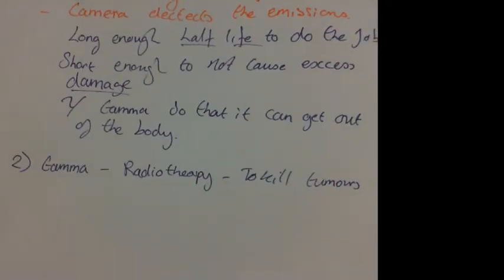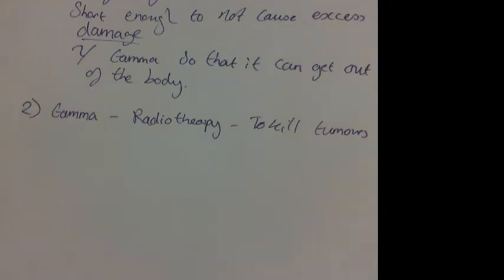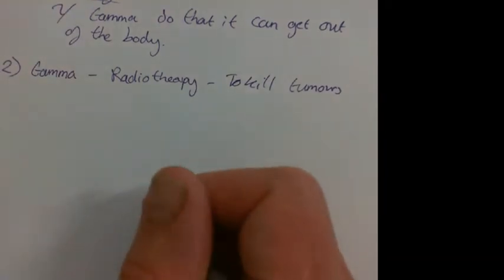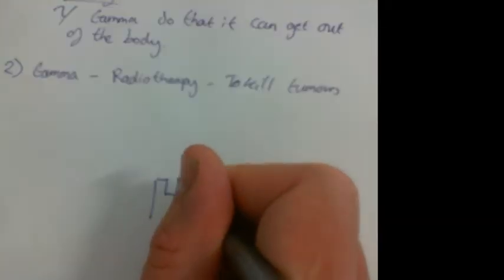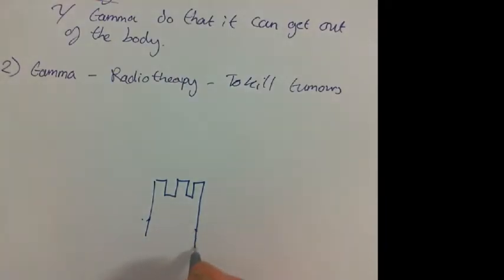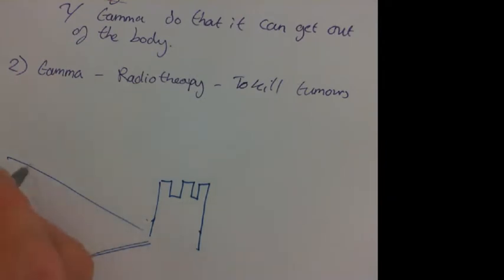Now, the way this works is, and the analogy I always like to give is of a castle being attacked. You've got a castle that's been attacked, and it's got a few roads leading to that castle.